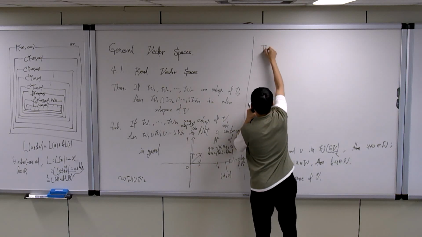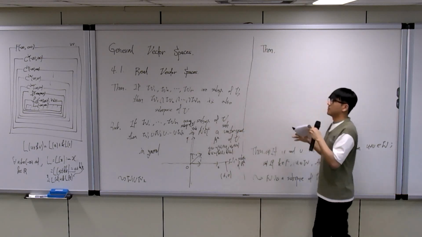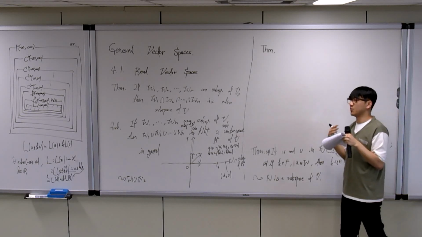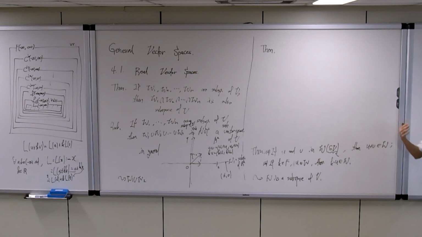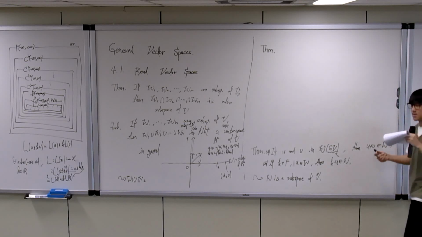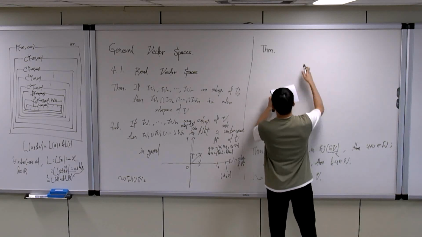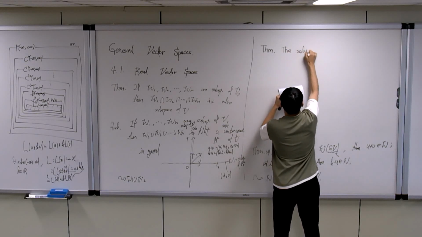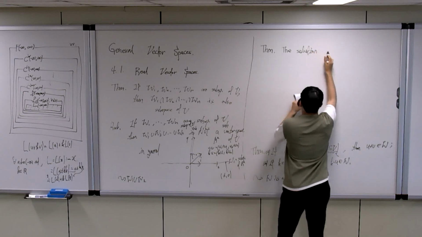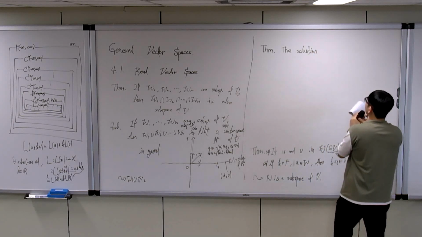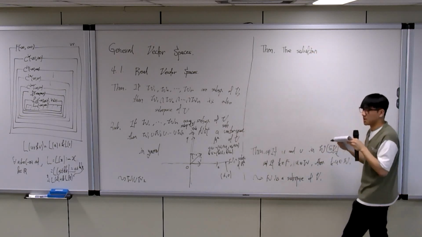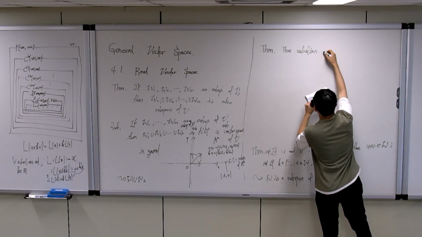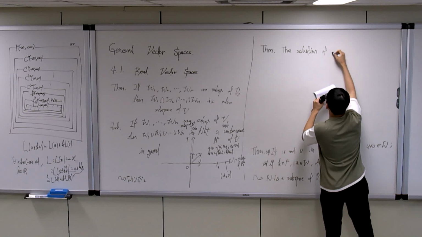And the following theorem will connect the linear system and vector space. I explained why homogeneous systems are needed: they give a subvector space.